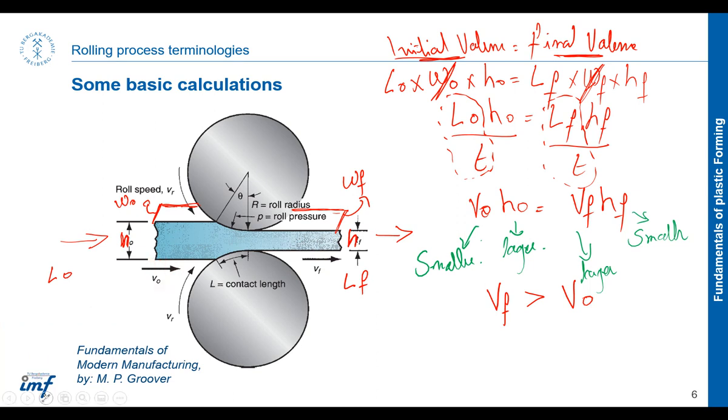Interestingly, that means that the material here has a different velocity than the material here. So the velocity between these 2 points is changing, it is not fixed.